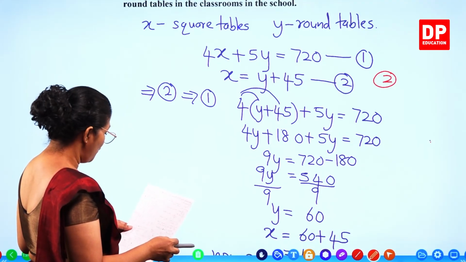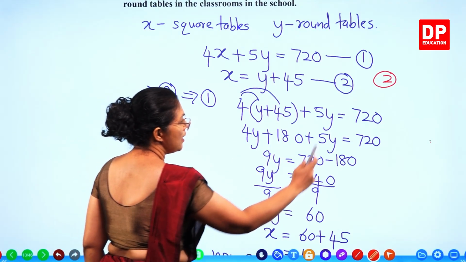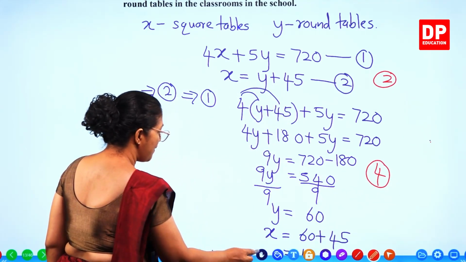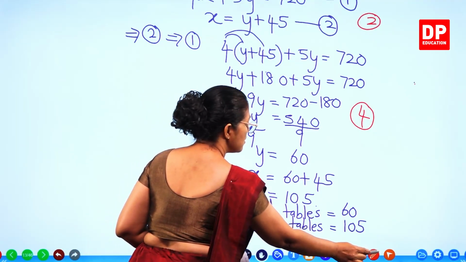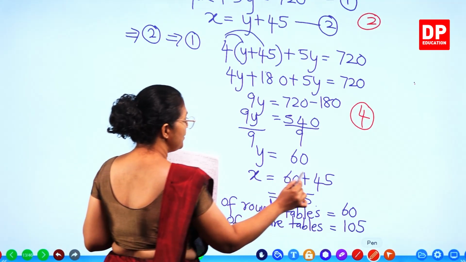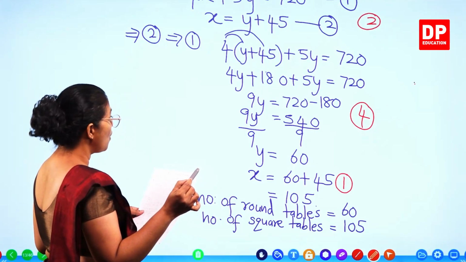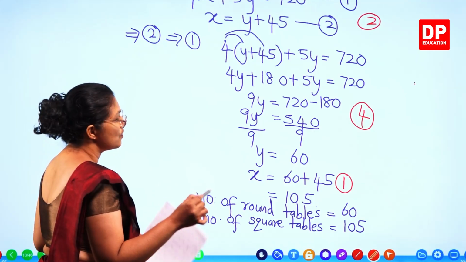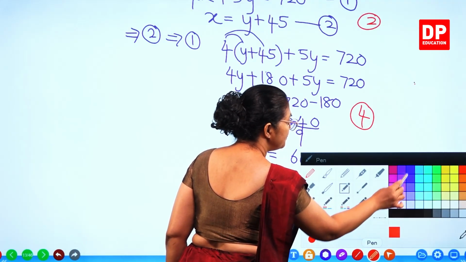For the y value we can give 4 marks, 1 mark for each step, so 4 marks for this part, and then 1 mark given for the x value. So altogether 7 marks there.